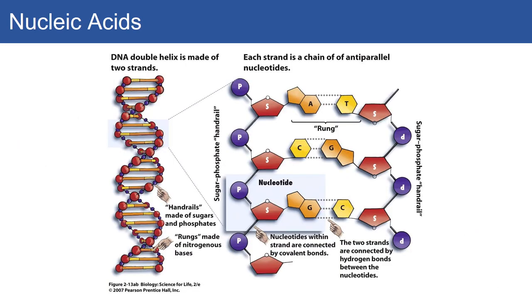Nucleic acids are nucleotides that are linked together with a phosphodiester bond, which in this diagram is shown in purple. Two DNA strands hydrogen bond together, but the main structural element is the phosphodiester linkage that links the different nucleotides together.